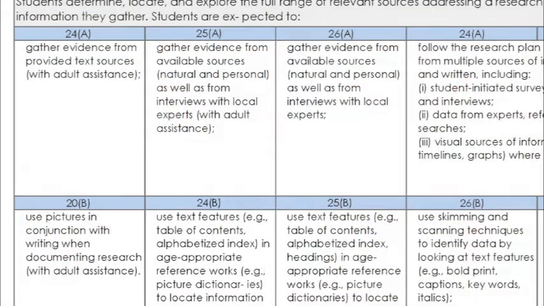something I want to draw your attention to is as you're gathering your sources, again, K and 1, you're doing it with the teacher as far as gathering evidence, and it's telling you exactly where to find this. Second grade, you're doing exactly what first grade has to do of finding your evidence and your sources.